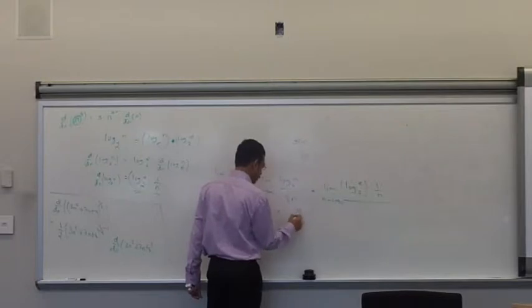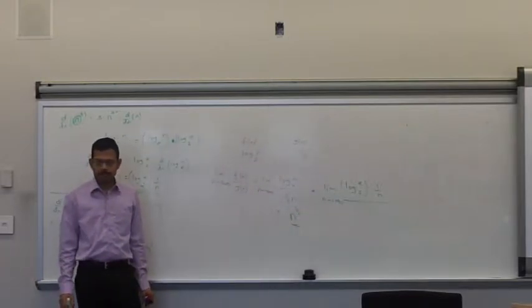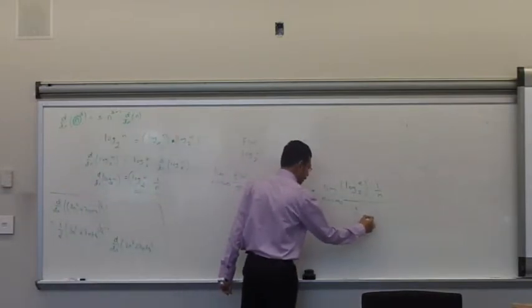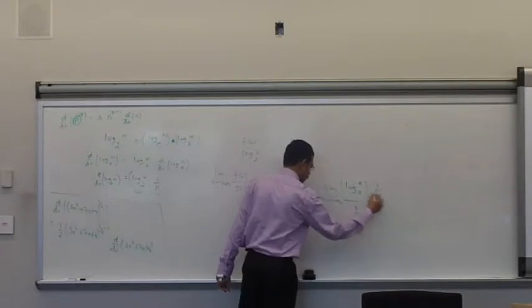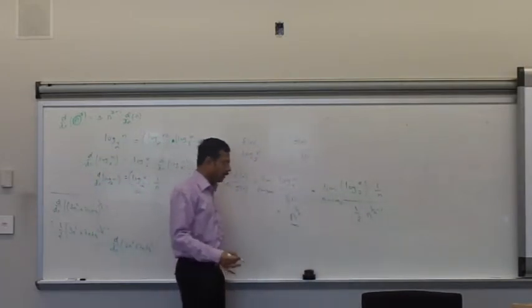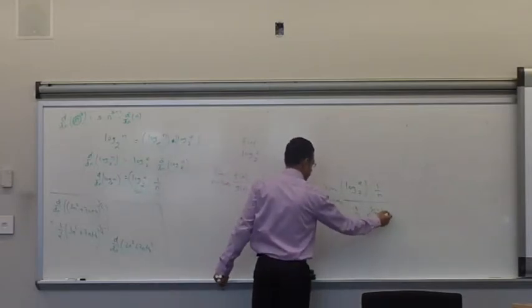So now we have to differentiate this: half times n to the power half minus 1. And of course differentiation of n with respect to n is 1, like I showed on the top. So that's why we are not bothered about this 1.